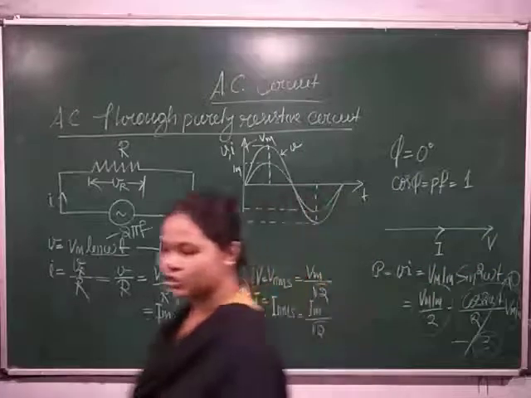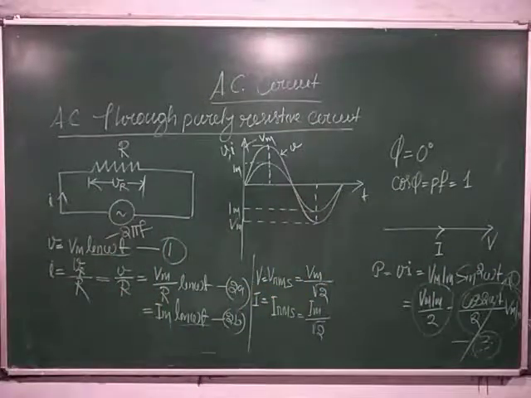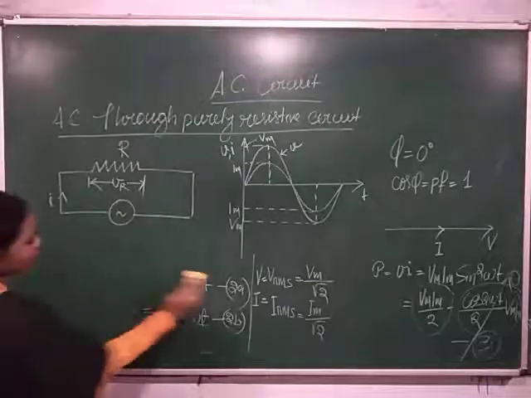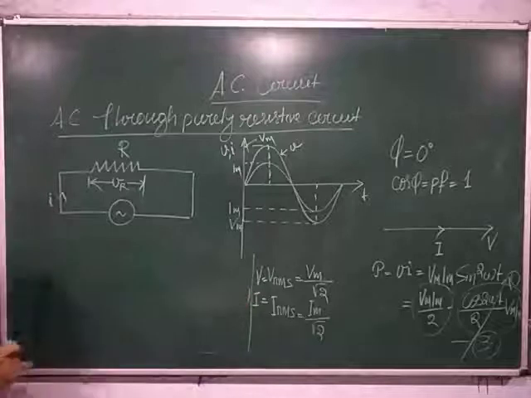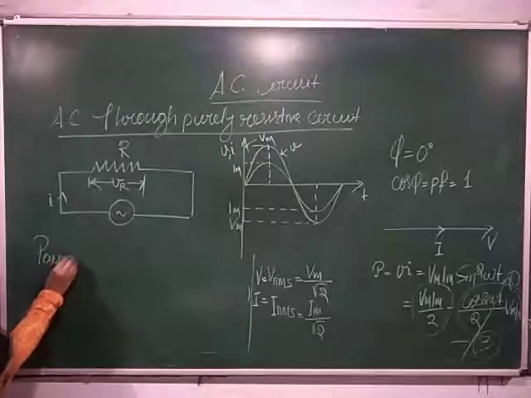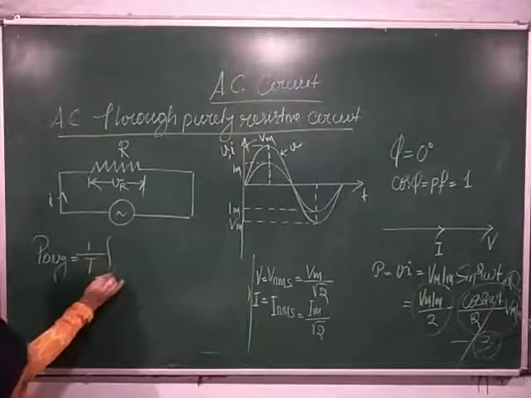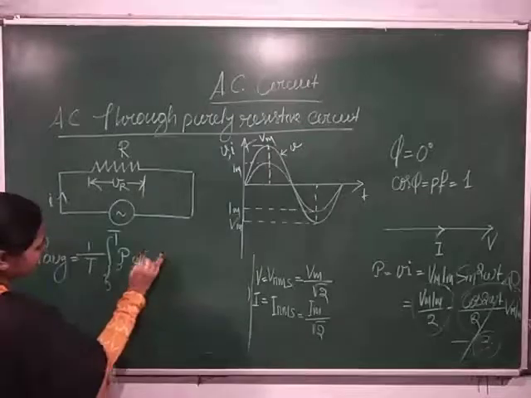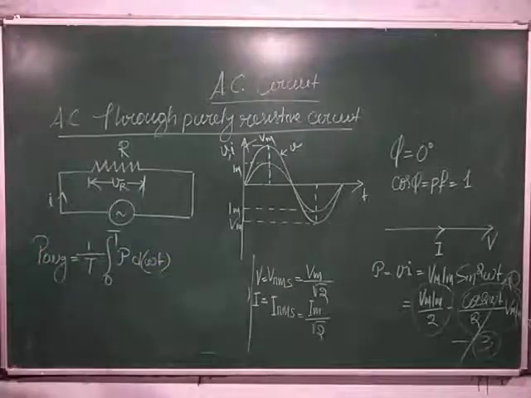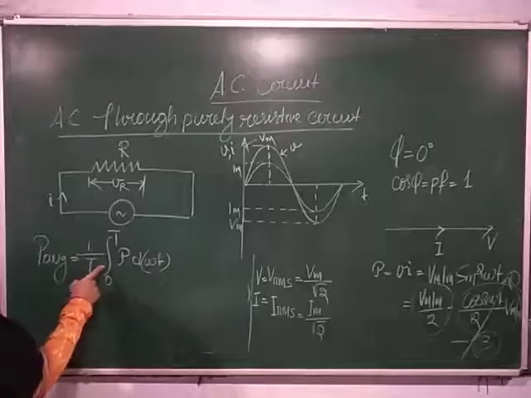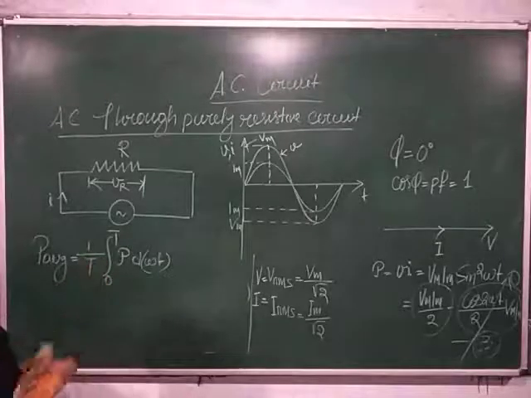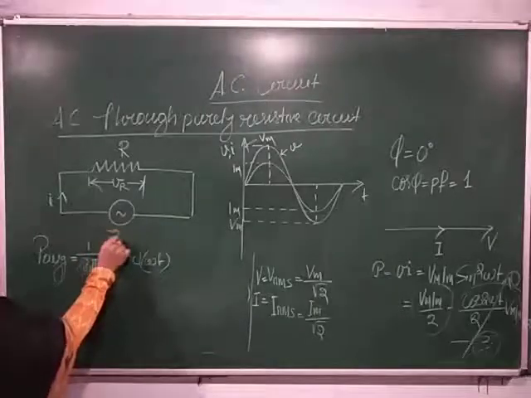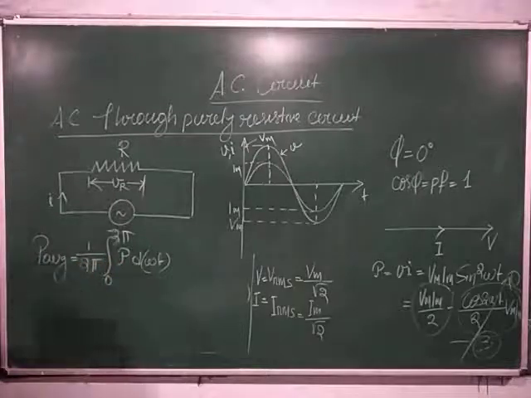How do you find the average of this power? By integration. Average power, P average is equal to 1 by T integration from 0 to T of P d omega t. You integrate over the time period, and for a full cycle the angle is 2 pi, and p is the instantaneous power.